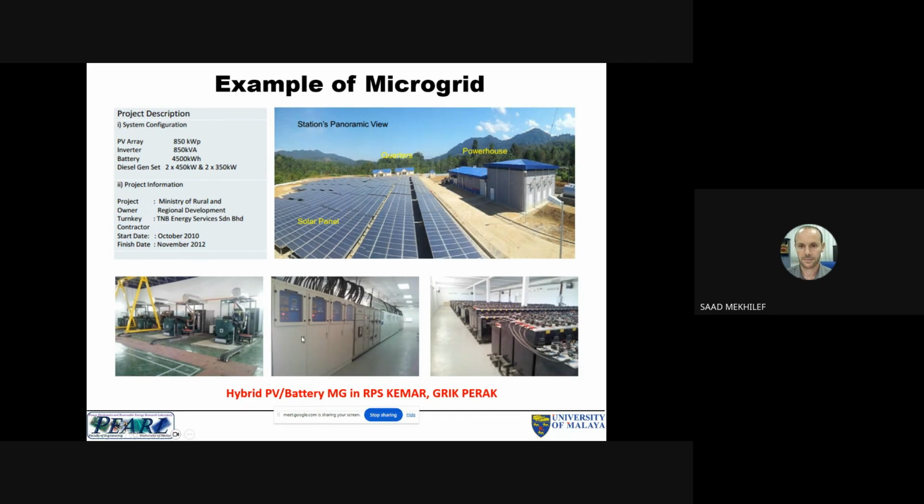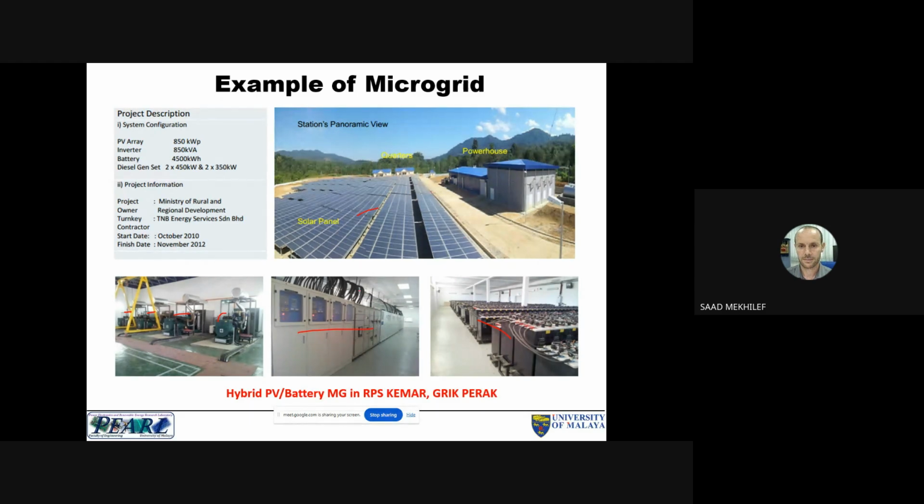What you can see in this slide, maybe with the pen, is the 4 diesel generators: 1, 2, 3, 4. You can see the 850 kilowatt photovoltaics, and you can see the storage, where all the batteries are, and then the control panels here.